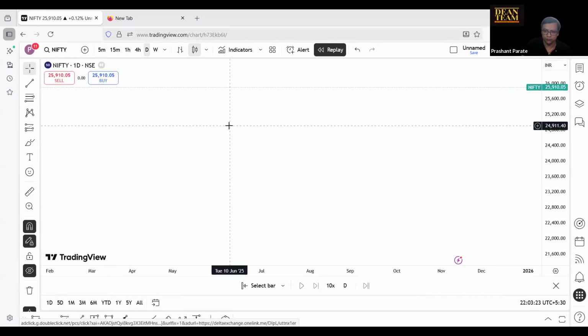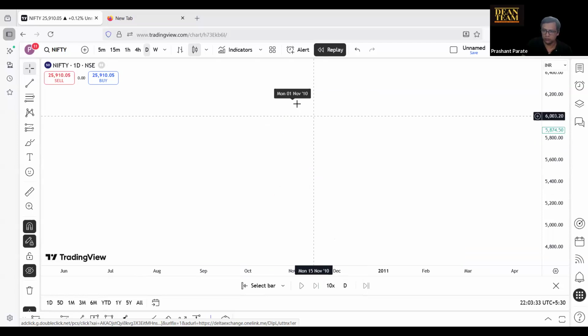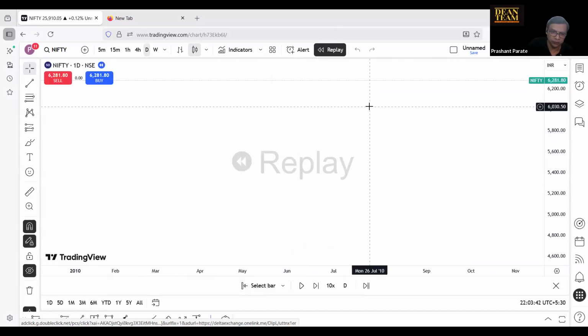Then go to a date, any random date from where you want to analyze. If I want to study from November 2010, this is November 2010, and then select from here that I want to do bar replay from here.